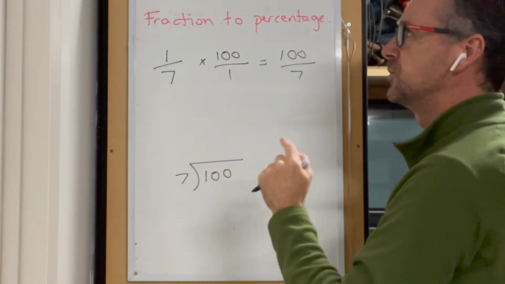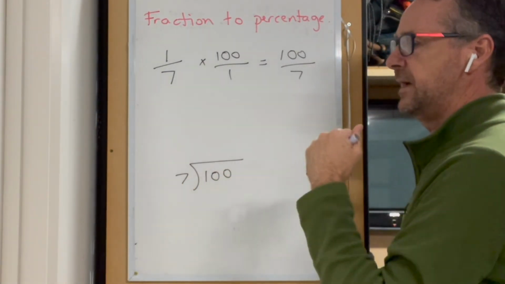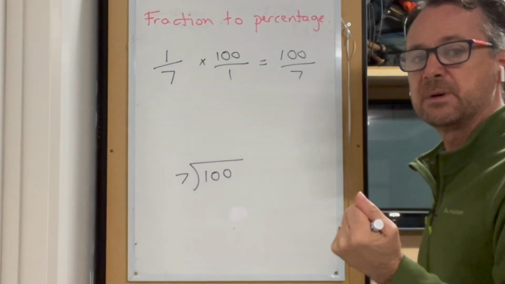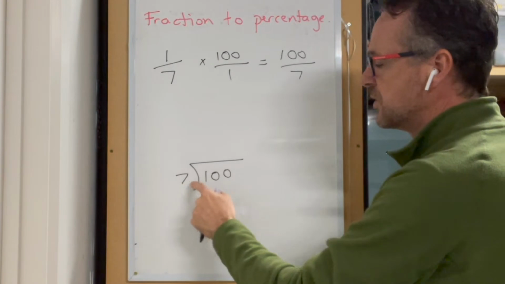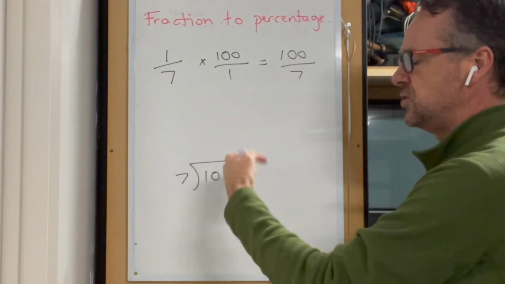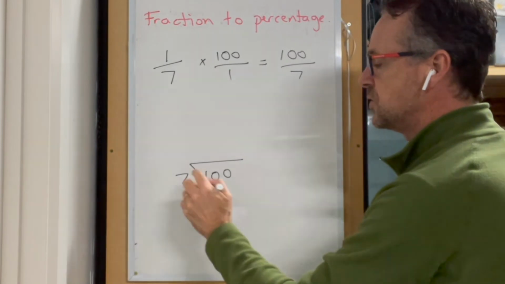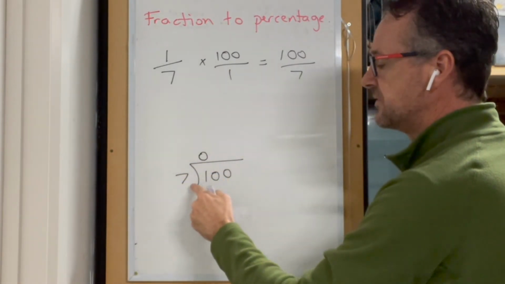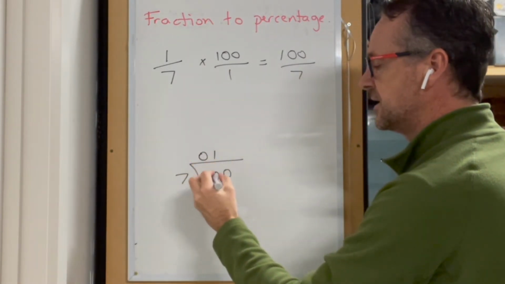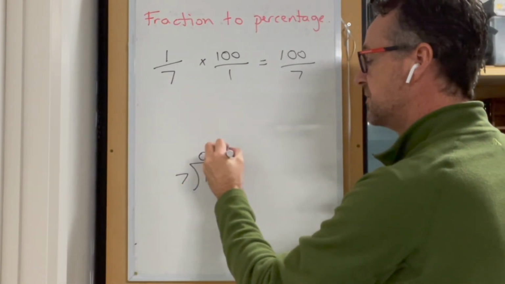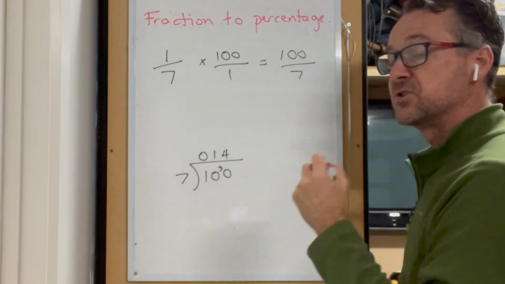What we're trying to create here is a mixed number. So we just want to get to the end of this 100 and then use the remainder to create a fraction. 7 goes into 1 0 times. 7 goes into 10 once, with 3 left over. 7 goes into 30 4 times, with 2 left over.